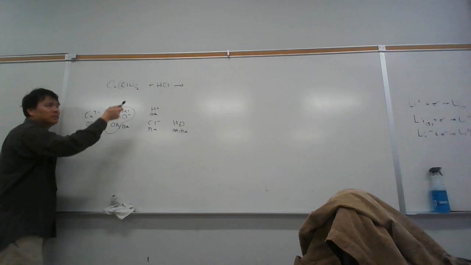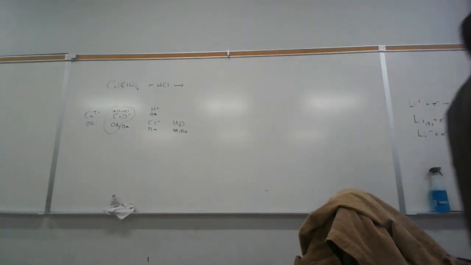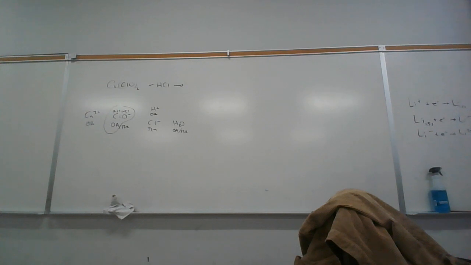The problem is, is bleach on our chart? Unfortunately, bleach is not on our chart. Oh wait, Professor, go down. I think it was at the very bottom. OCl. Oh, it is on our chart. Sorry. Bleach is on our chart. Where should we position it?